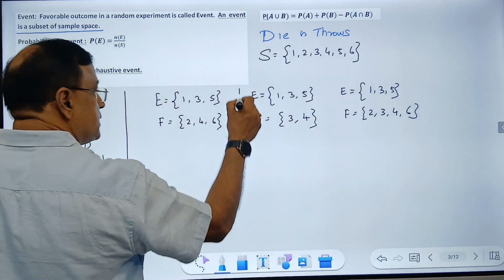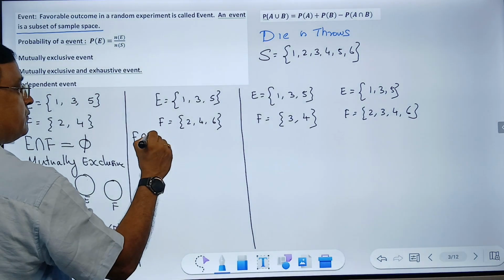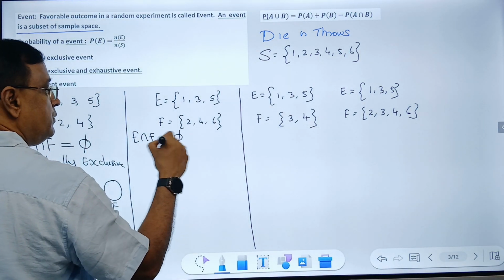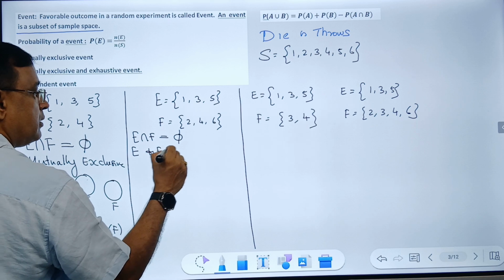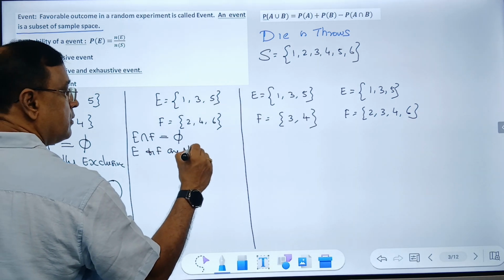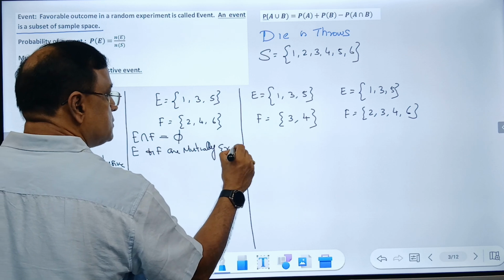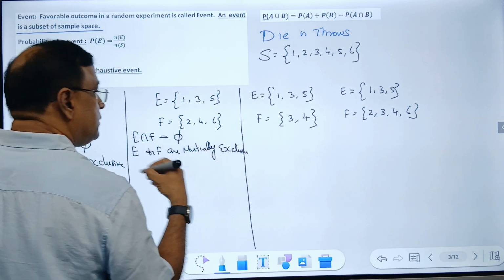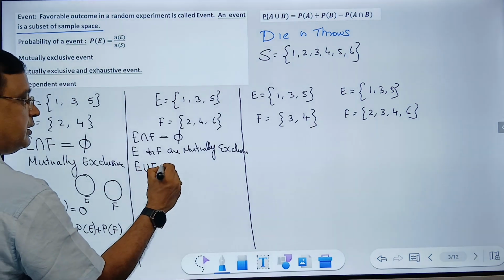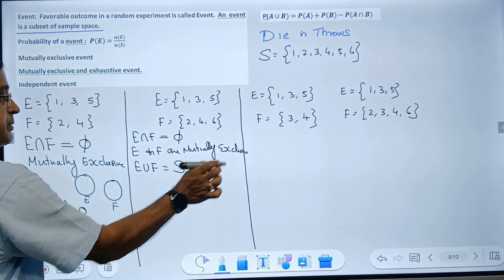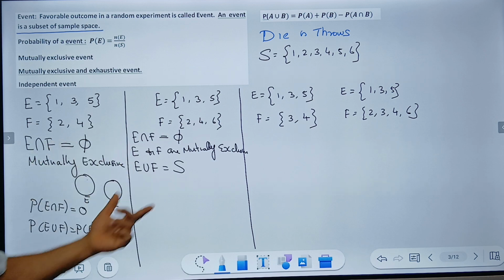Let's come to this example. Now clearly E intersection F is a null set. If they are null set, what do you know? E and F are mutually exclusive. But there's another very interesting thing. If you notice, if I take E union F, I get my sample space, correct? If I combine E and F, I get the entire sample space.